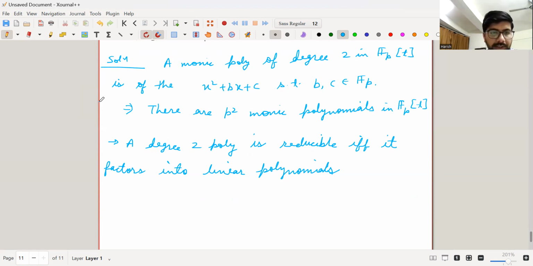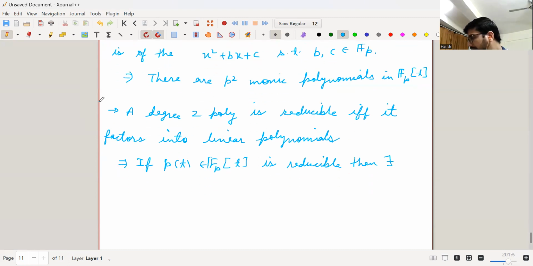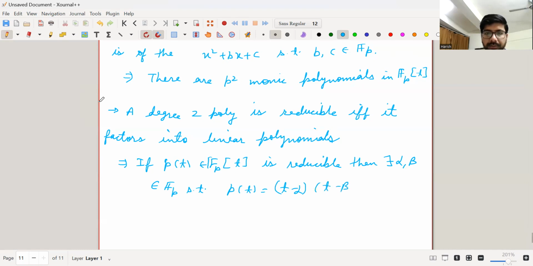A polynomial P(T) belonging to F_p[T], if it is reducible, then there exist alpha and beta belonging to F_p such that P(T) is equal to (T minus alpha)(T minus beta), right?